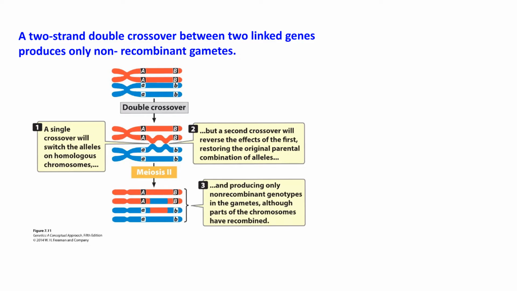So let's look at this example here. Let's consider these homologous chromosomes which undergo crossing over, single crossing over and double crossing over between these 2 non-sister chromatids. So what would happen if these 2 non-sister chromatids undergo single crossing over and double crossing over?